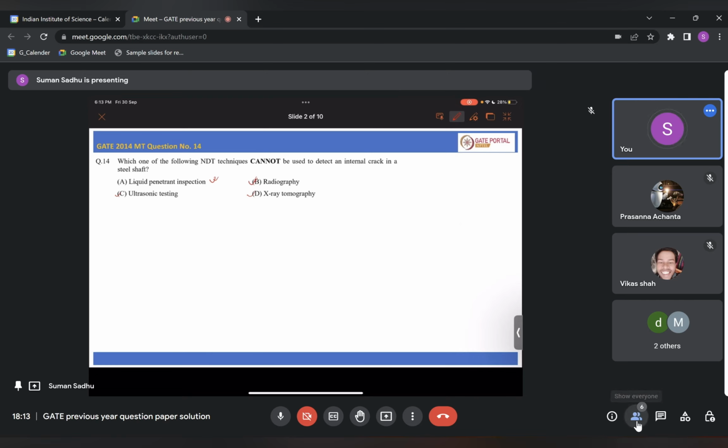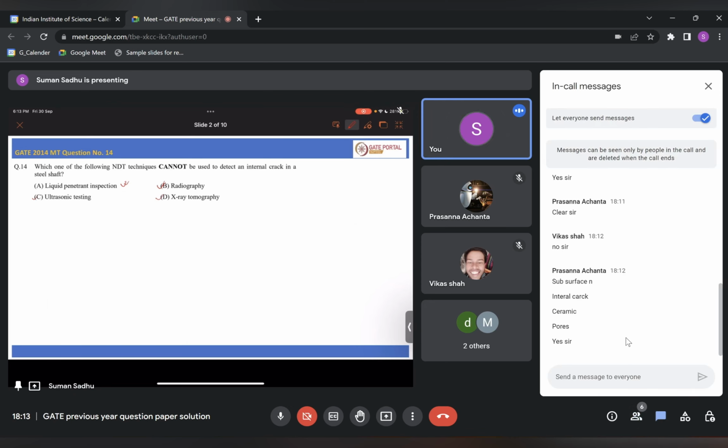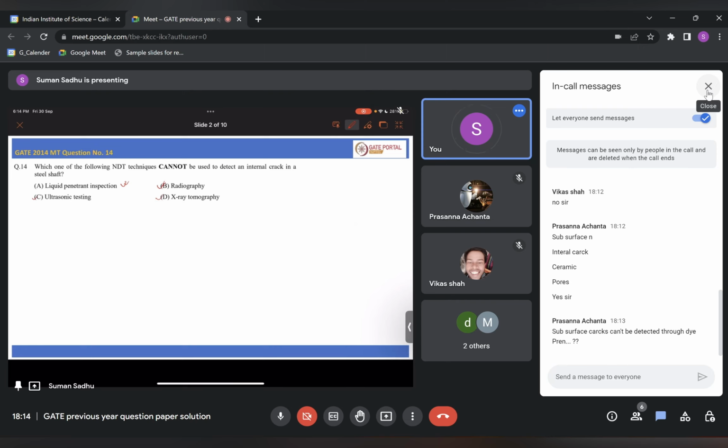Anyone? Subsurface crack means what is subsurface crack?